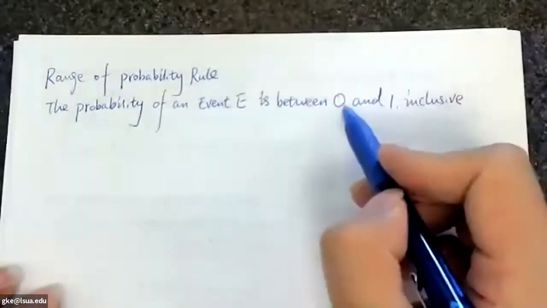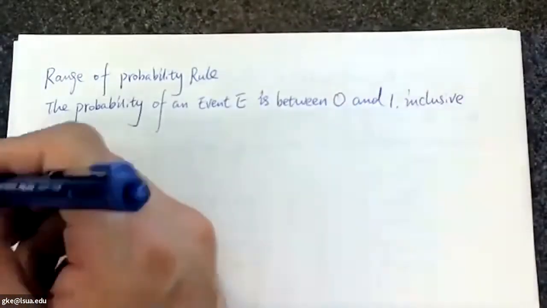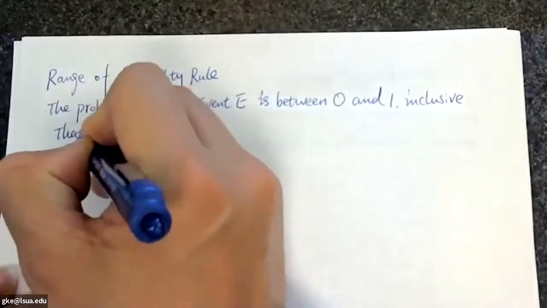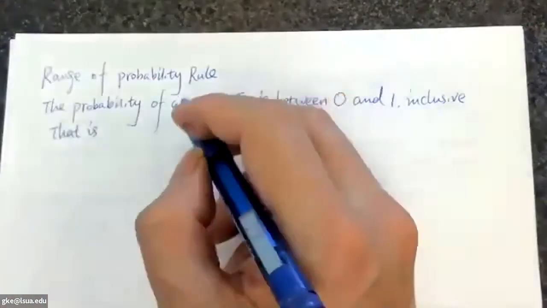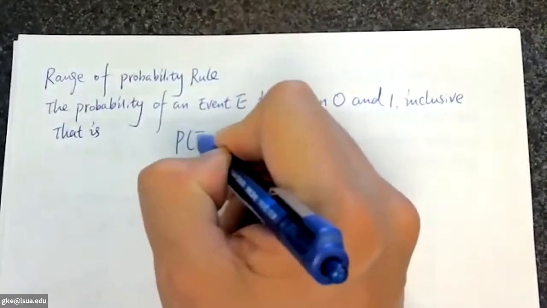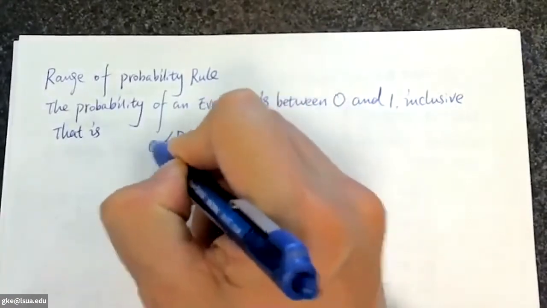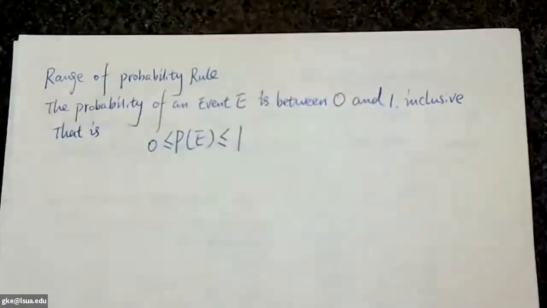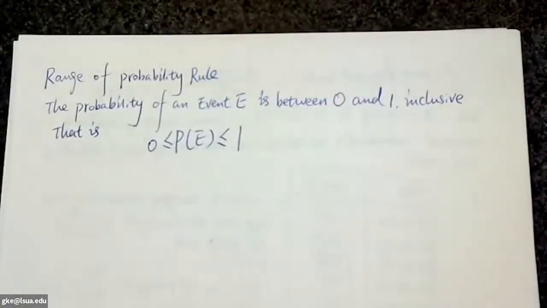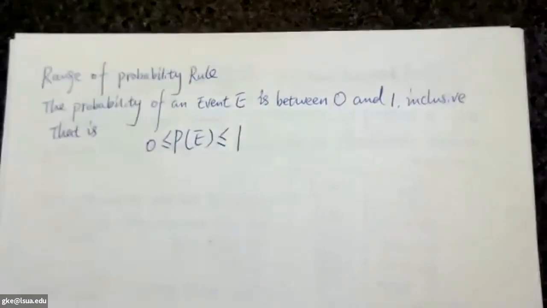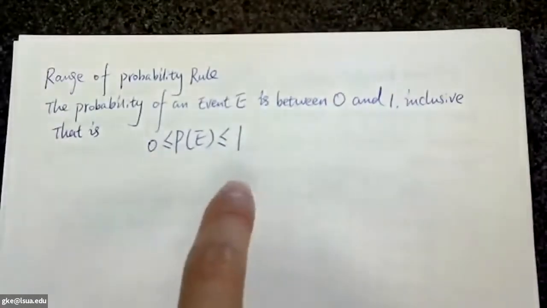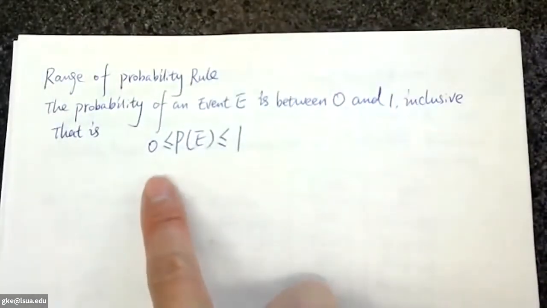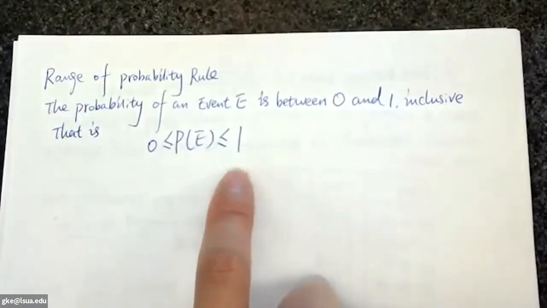Inclusive, that means include 0 and 1. That is, the first one is what? The probability is always positive or non-negative. And the second thing is probability is always between 0 and 1.